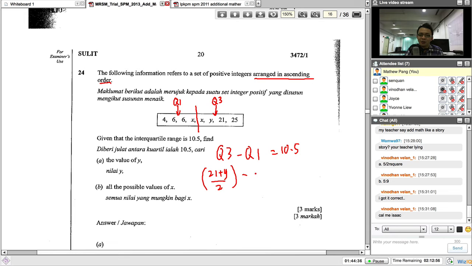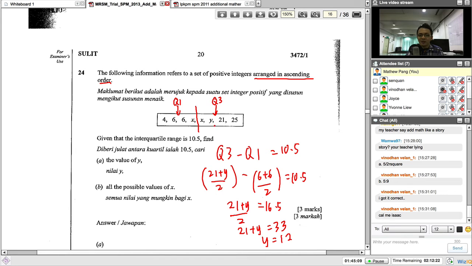Q1 will be 6 plus y over 2, no, 6 over 2, which is just 3. So 21 plus y over 2 equals 16.5 plus 6... so 21 plus y equals 33. Y is just 12. So you see 12, does it make sense? Yes, it makes sense, where 12 is between 6 and 21.